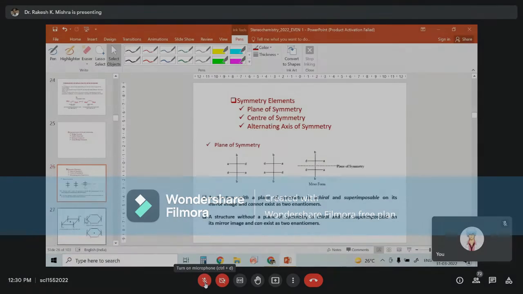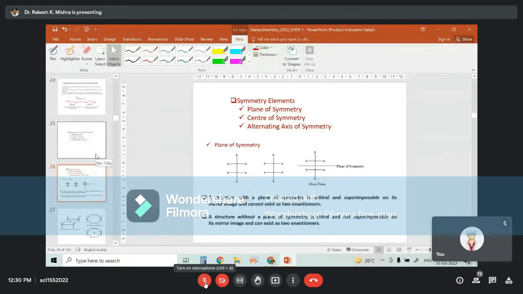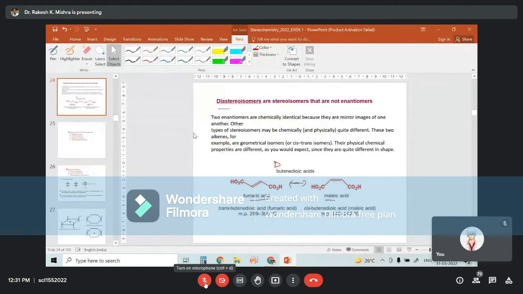When you see the properties of diastereomers, unlike enantiomers, all the physical and chemical properties are different. They have a different boiling point, a different freezing point, a different refractive index, different chemical properties, and their interaction with optically active compounds is all different.